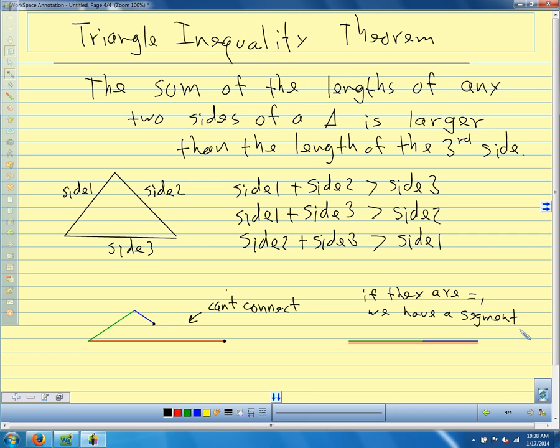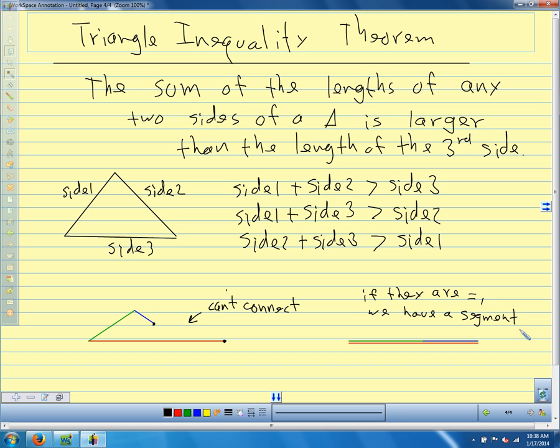We have to have enough room to make an angle so we have a triangle. So if we think about the triangle, it makes a lot of sense why it has to work that way. Questions on the triangle inequality?